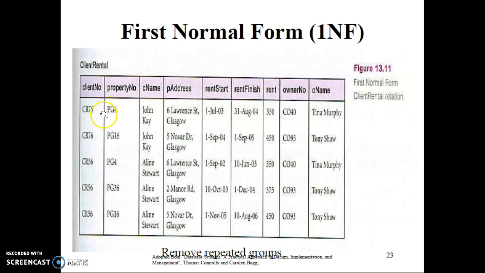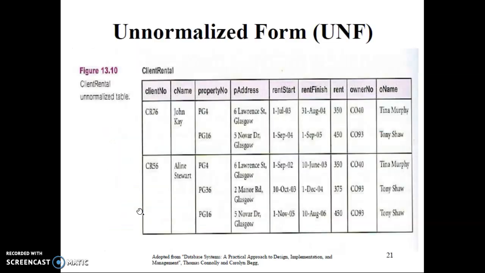See, CR76 PG4 is one row, CR76 PG16 is the second row, CR56 PG4 is the third row, CR56 PG36 is the fourth row, and CR56 PG16 is the fifth row. So by that we have converted this repeating groups unnormalized form into first normal form.